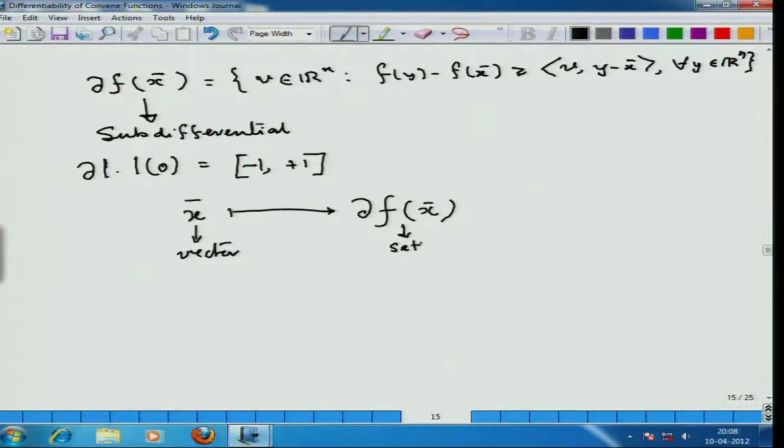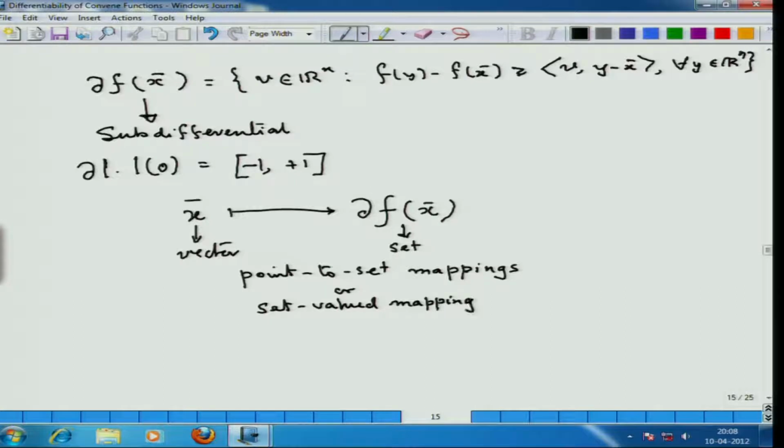So, such mappings are called point to set mappings, or set valued mappings, or multi-valued mappings, whichever you want to call them.